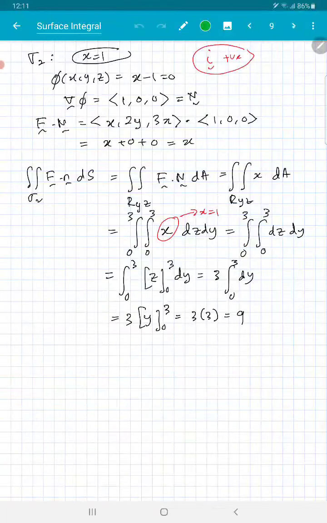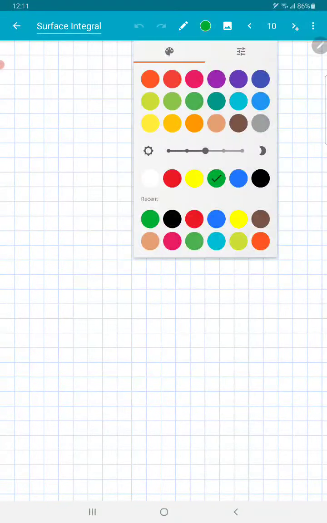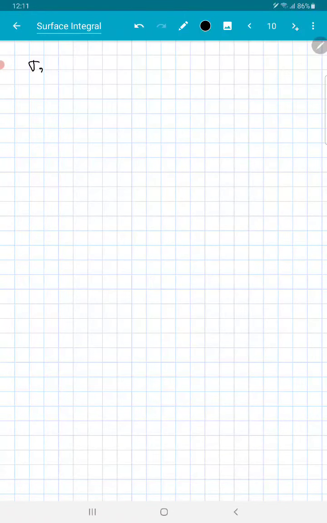I'm going to show you in detail. On surface sigma 3, we have z equals 0. Since the surface is facing the negative z axis, we want our k component to be negative. In fact, we want it to be -1.